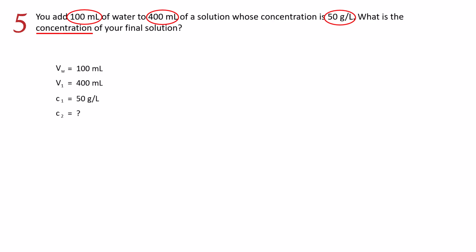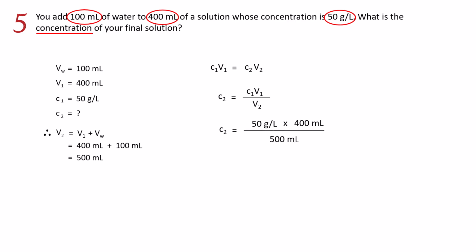Doing it another way, we can solve for V2 at the start and use the conventional C1V1 is equal to C2V2 formula without substitution. Not surprisingly, we get the same answer. How you solve it is your choice.